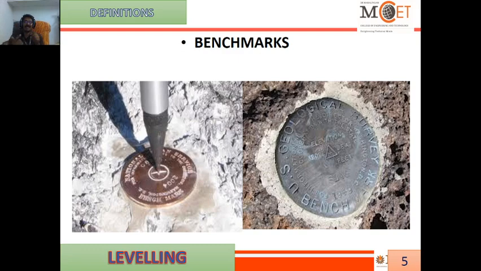From that we can transfer to many points, and we can carry it to our local area also by the process of leveling, and that point becomes one more benchmark. Then how, sir, can we do the survey without that, do we have to travel? For that we assume some standard points as a benchmark, which is called the temporary benchmark or arbitrary benchmark, right? We will see the types later.